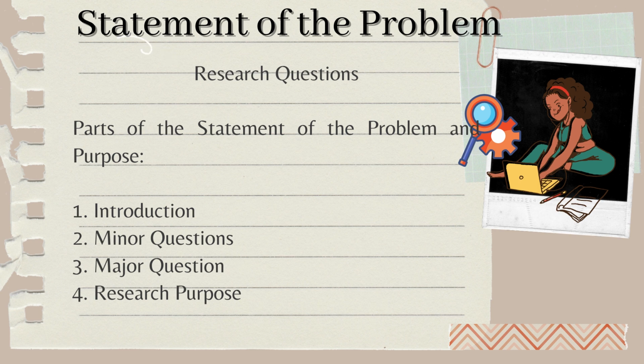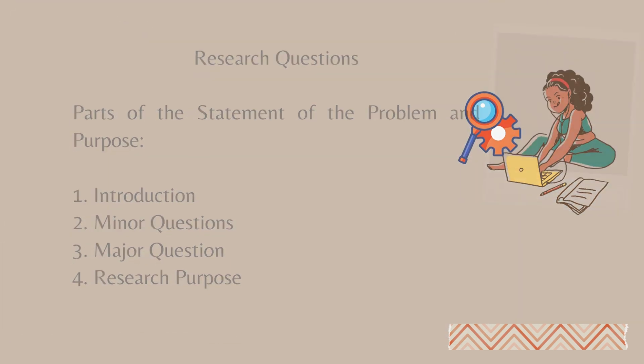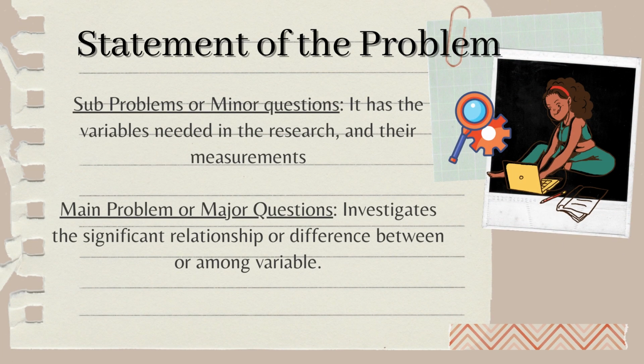And number 3, major question, states the central inquiry of the research. And number 4, this is the research purpose. It describes the goal of the study in achieving a set of research results.